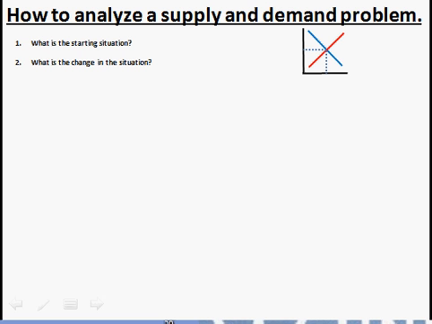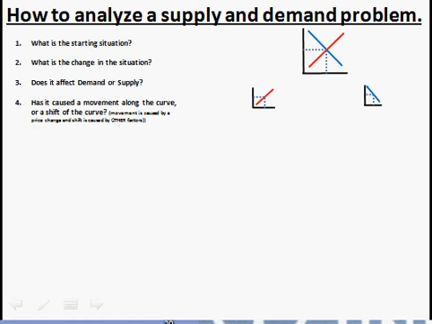Once we know what the change is, the next question is, does it affect either the demand or the supply? We need to know what it is affecting. Is it affecting demand, or is the situation that changes going to affect supply?